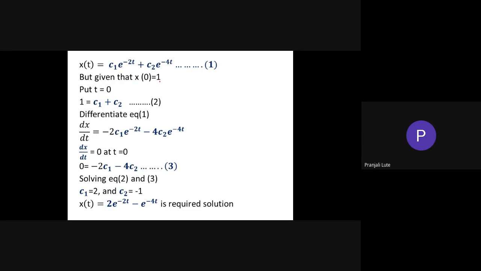So put x equal to 1 and t equal to 0. C1 e to the power 0, and e to the power 0 is 1, plus C2 e to the power 0, which is again 1. So your equation is C1 plus C2 equal to 1.